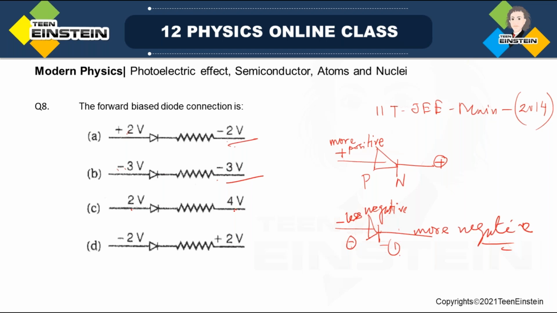So the question we have to solve here is: the forward bias diode connection is which out of these? As I said, this is positive and this is negative, right?